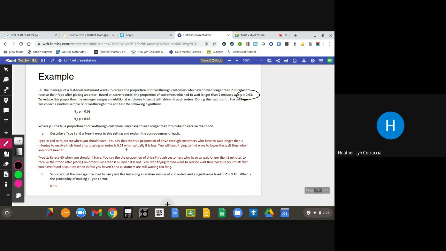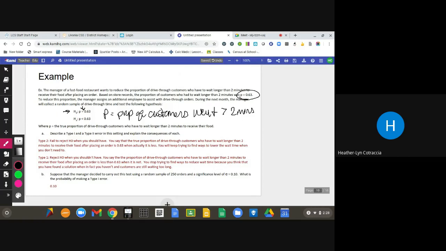Okay, so let's go to where we started today's lesson. We started by figuring out how to write your null and your alternative hypothesis. Remember, your null always has that equal sign. So go up to this. This was what it was before. They've said that the proportion of customers who have to wait more than 2 minutes is 0.63.